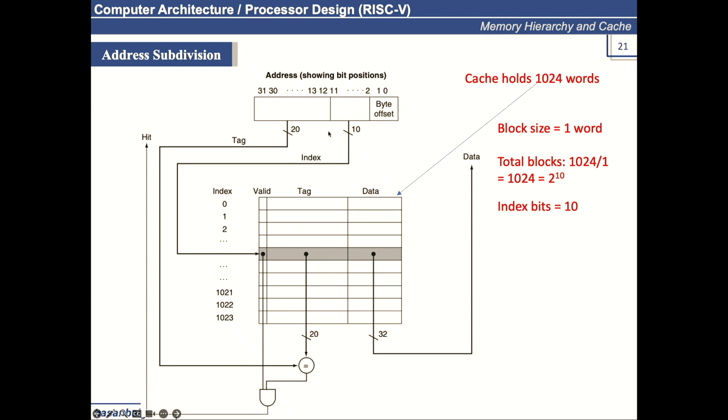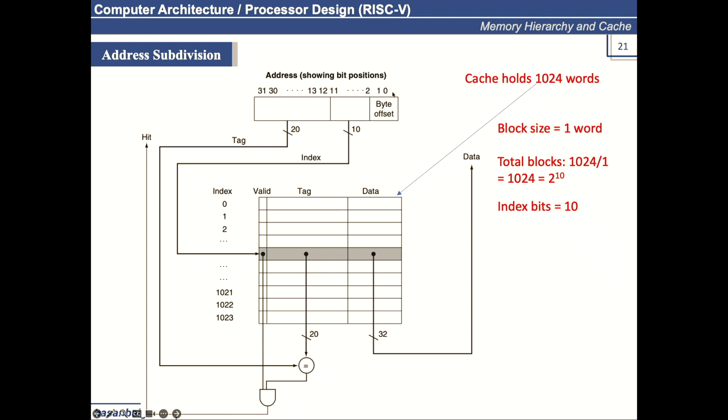In this 32-bit address, the 10 bits are the index field. When the data is requested, first of all, the processor will locate the block indicated by this 10-bit field in the cache.